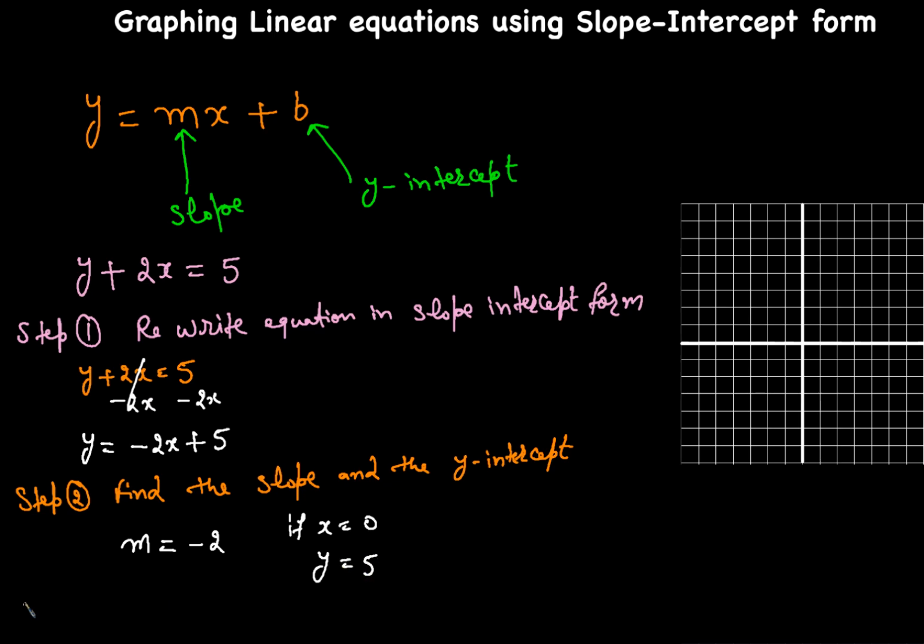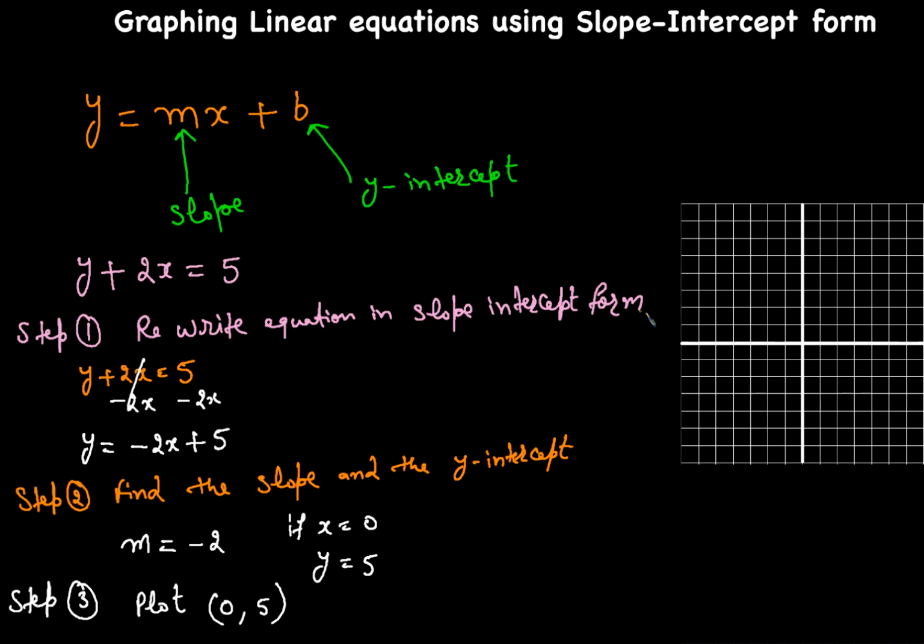Okay, so step 3 is, now we need to plot this point. So we found this point, and we're gonna plot it. We're gonna plot this point x and y. So x is 0 and y is 5. Okay, so let's go to our graph and see where we can find that point.